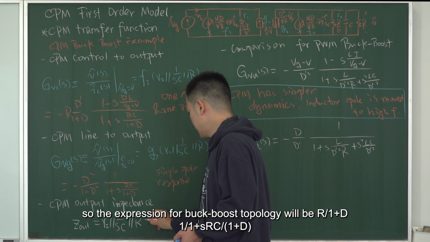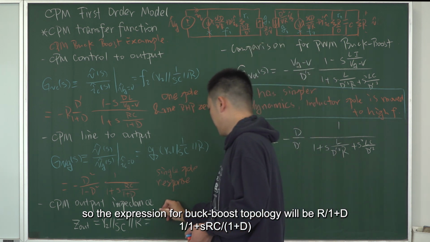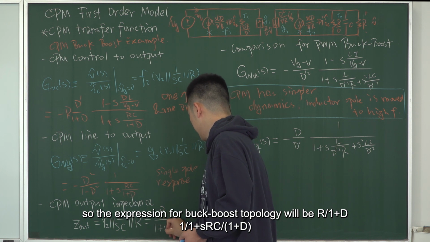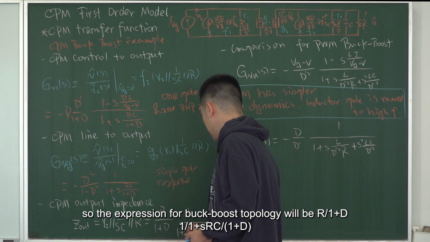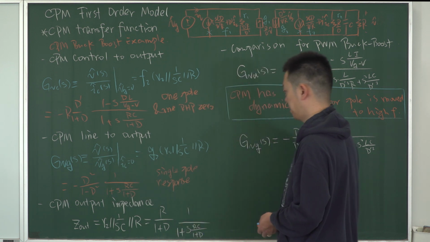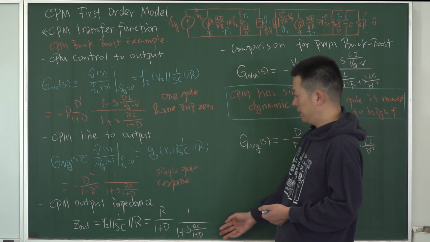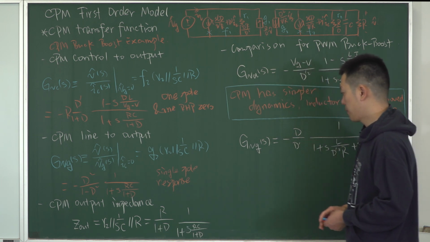The expression for the buck boost topology will be R over 1 plus D times 1 over 1 plus S RC over 1 plus D. Same, a single pole response.